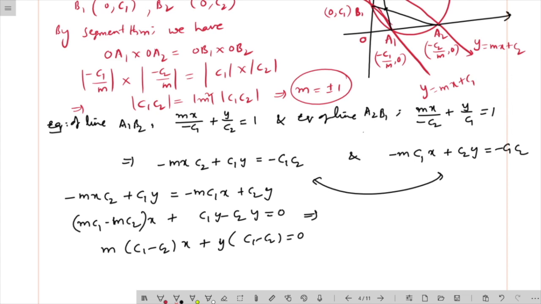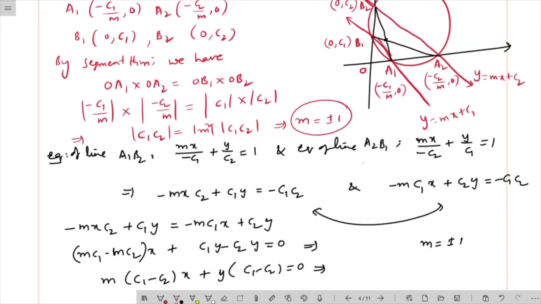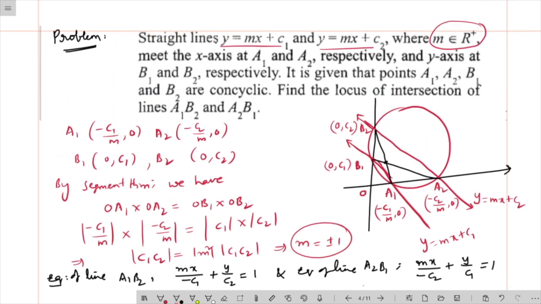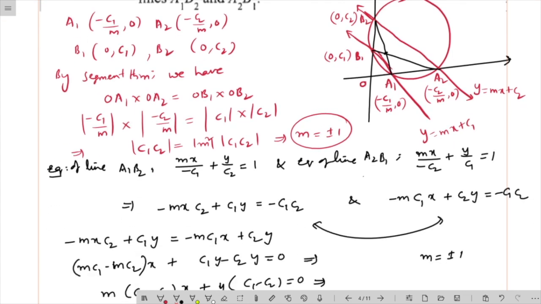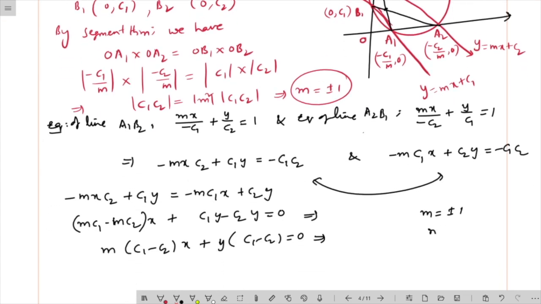Since we had m = plus or minus 1, and it is given that m belongs to the positive real numbers, we consider m = 1.